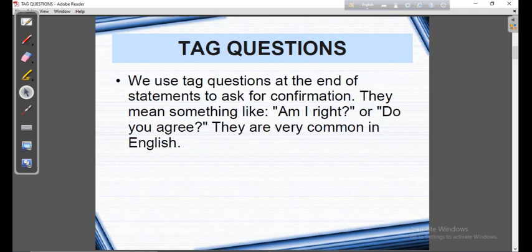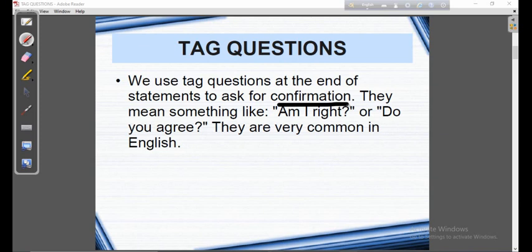We use tag questions at the end of statements to ask for confirmation. I've already said this, that confirmation is to know the opinion of the listener. Suppose I think something to be true, or I think something to be false, but I want to know the confirmation.